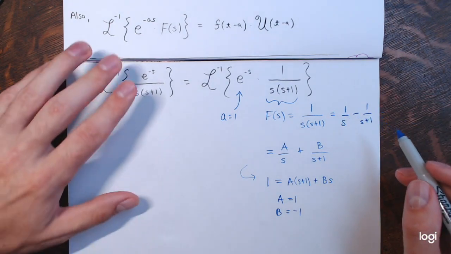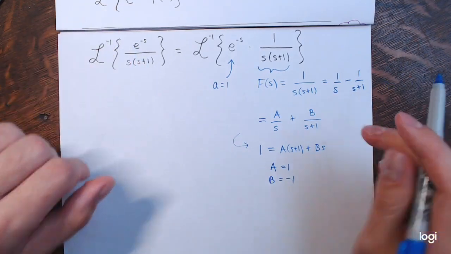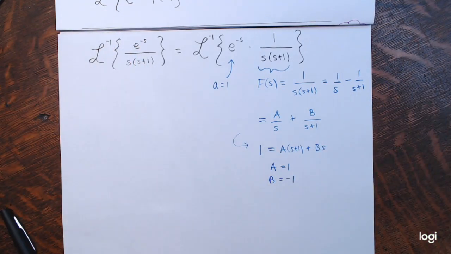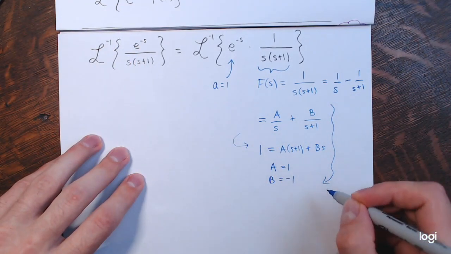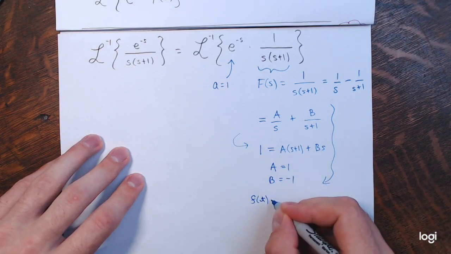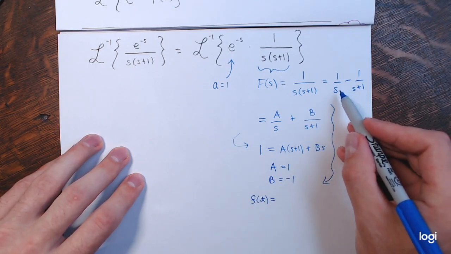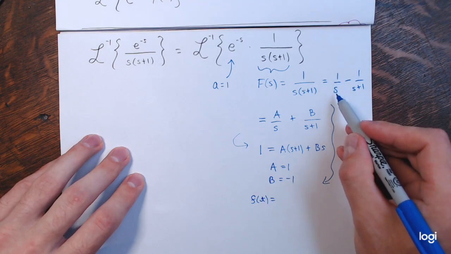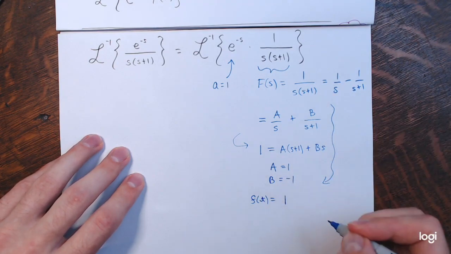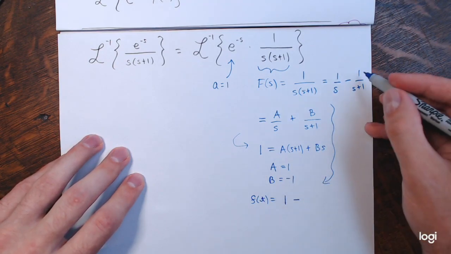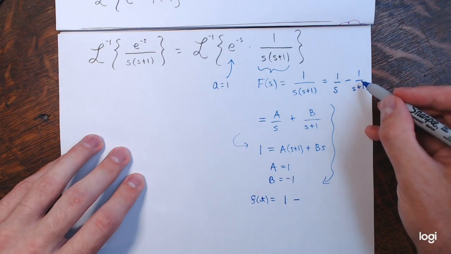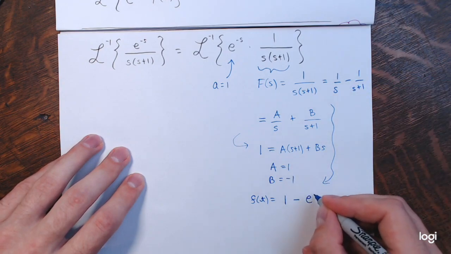And you should know the inverse Laplace transform of this. That'll be the f of t. So little f of t is the inverse Laplace transform of these. Well, the inverse Laplace transform of 1 over s was 1, minus the inverse Laplace transform of 1 over s plus 1, which would be e to the negative t.